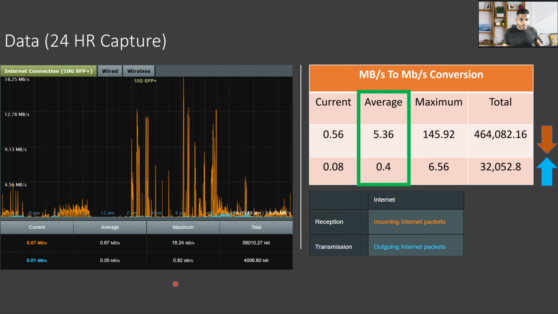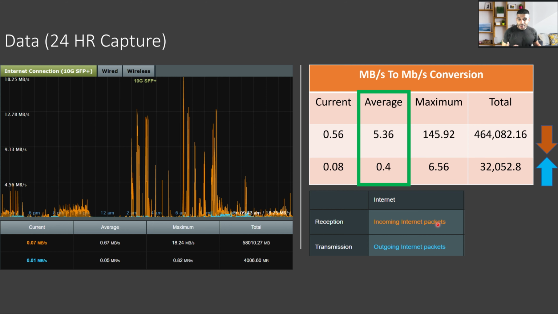Now, the interesting thing is cable companies don't sell their packages as megabytes per second. It's megabits per second. So that is where the megabytes per second to megabits per second conversion applies, as you can see over here. The maximum, 18.24 megabytes per second, translates into 145.92 megabits per second, and 0.82 megabytes per second translates into 6.56 megabits per second.